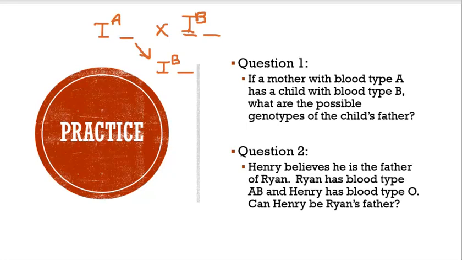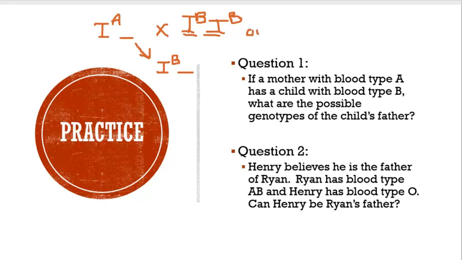So what are the possible genotypes of the child's father? It's asking for the genotype, not the phenotype. So we know dad can have a capital B. Can he have two capital B's? I don't see why not, right? Either way, he would be passing that on to the child.